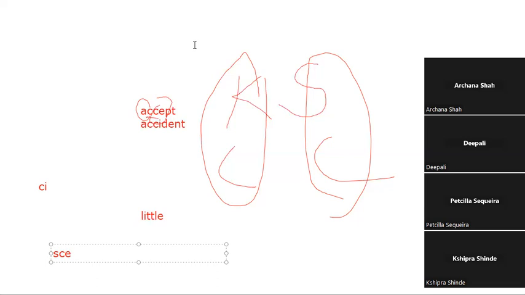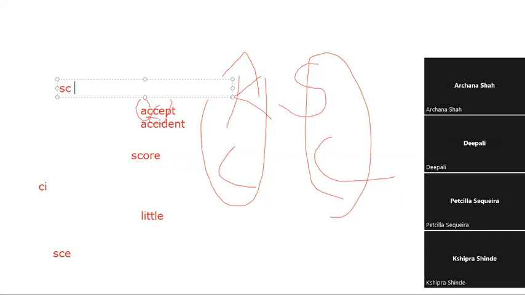Yes, C. But when there is a word like spore, the word is spore. Now here S and C both are speaking because C is not soft, here it is hard. So it depends on which letter you have after SC.